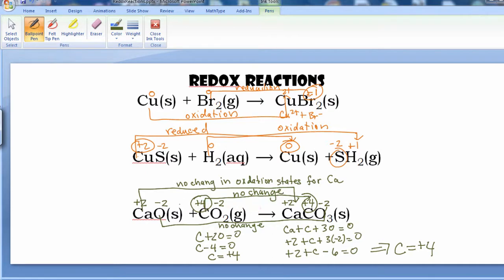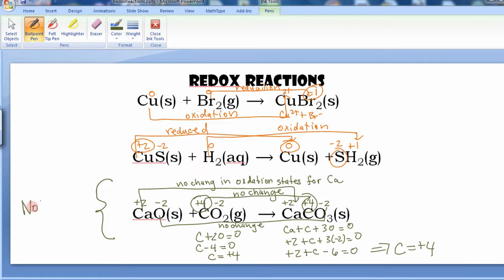No change. Just like going to Walmart with a $100 bill, you buy 2 items. You give your $100 to the cashier and you get what? No change for 2 items. So we have no change in oxidation states for all 3 atoms. So this is what?